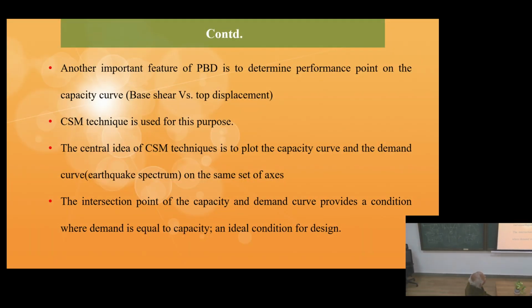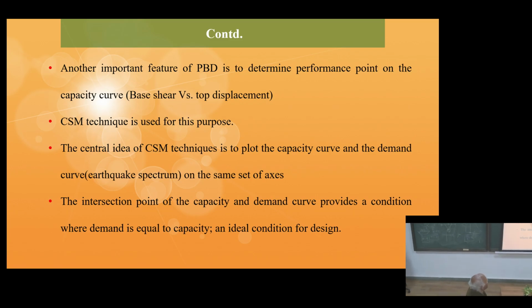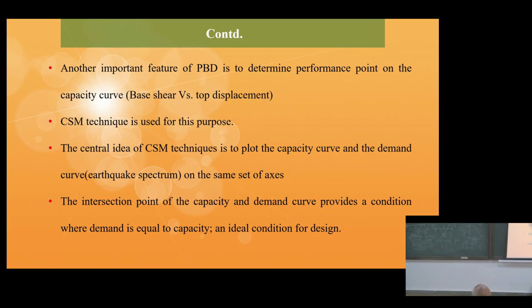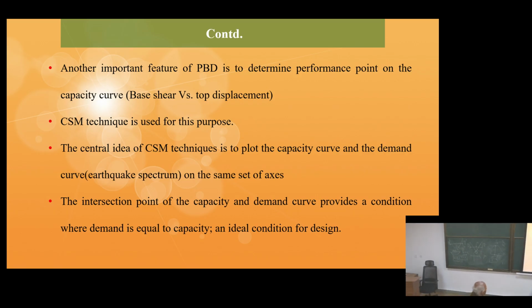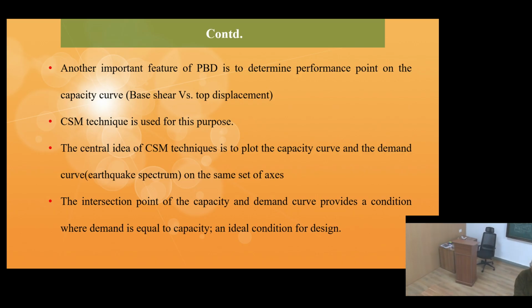Another important feature of PBD is to determine the performance point on the capacity curve, that is base shear versus top displacement, that I have told you before. The CSM technique is used for this purpose. The central idea of the CSM technique is to plot the capacity curve and the demand curve, that is the earthquake spectrum, on the same set of axes.